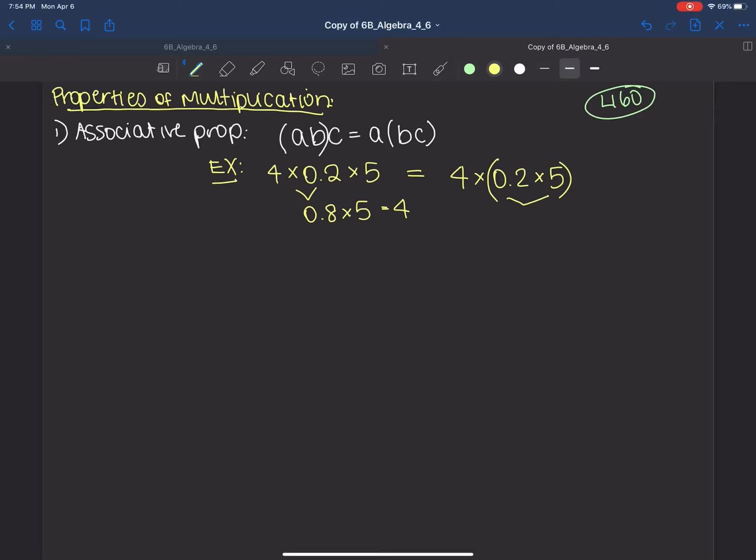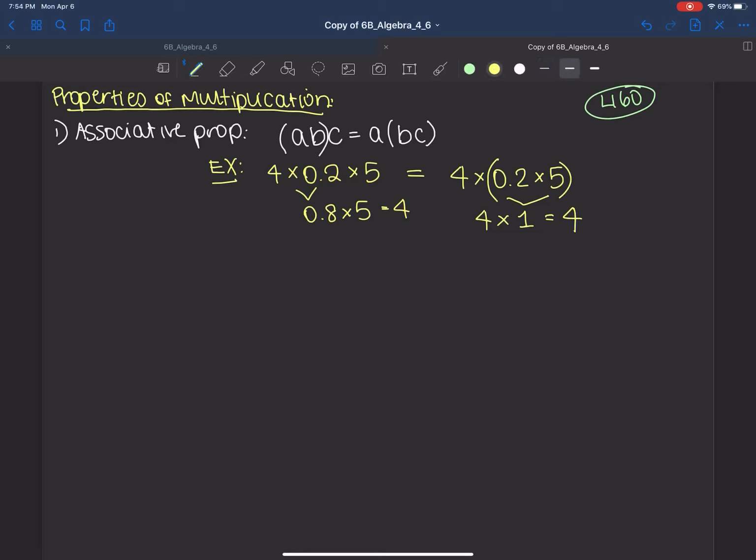Well, the product of these two is just 1. So I have 4 times 1, which is 4. Way easier than 0.8 times 5. I guess even though 0.8 times 5 is not super hard anyways, if we had more complicated numbers, I would much rather do a calculation like this and get some easy factors out of the way than to deal with products like this.